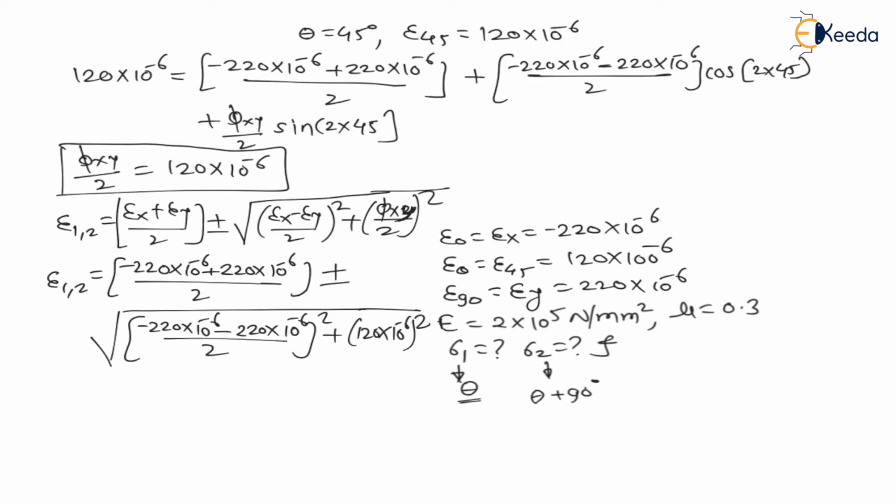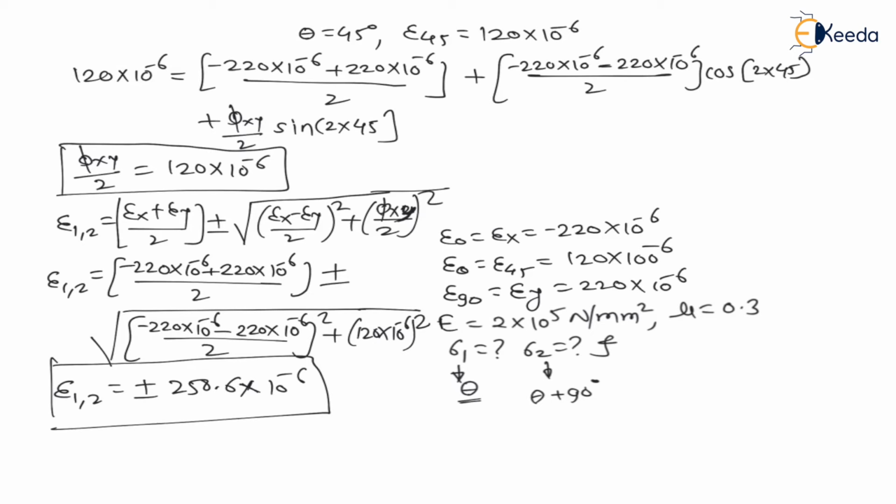Solve this for E1 and E2. You will find 250.6 into 10 to the power minus 6. These are the values for E1 and E2. Here I am writing the values.